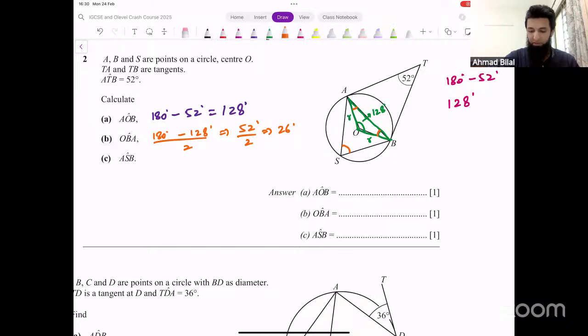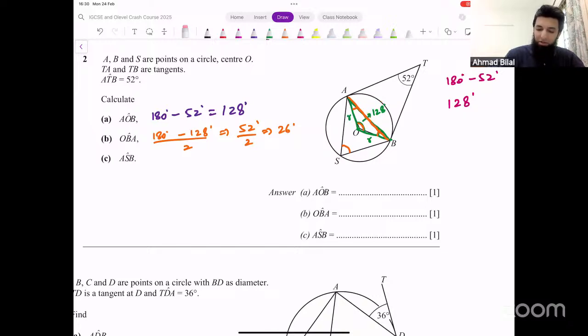How do you figure this out? Which property can we use now? Let's think about it. We have this chord AB. This chord AB is making one angle at the center. What's that? That's 128. Angle at the center is 128.